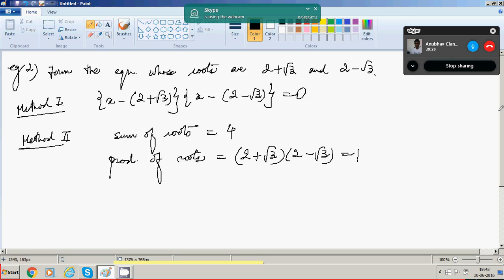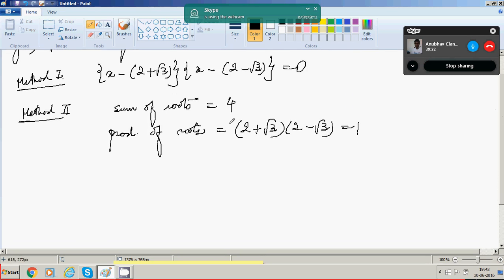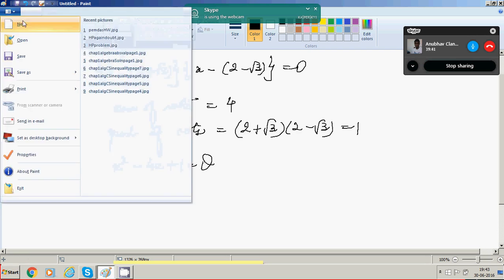Although both are almost the same, there is only a minute difference. x squared minus 4x plus 1 equal to 0. Okay?